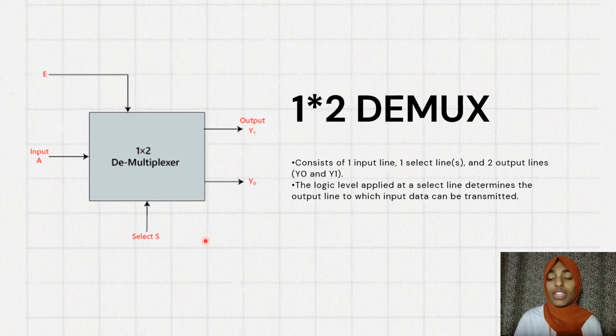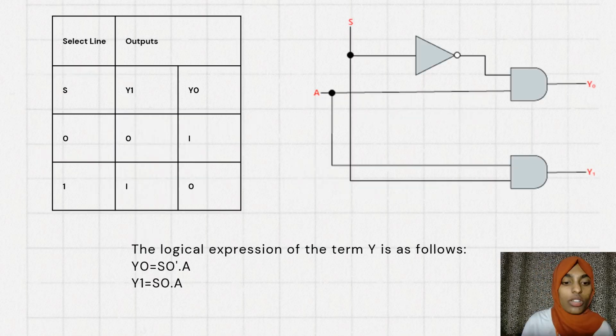As I have mentioned, if the enable pin is active low, which means 0, the entire circuit will be off, whereas when the enable pin is given 1, it works on the basis of the given inputs. The logic level applied at the select line determines the output line to which the input data is transmitted.